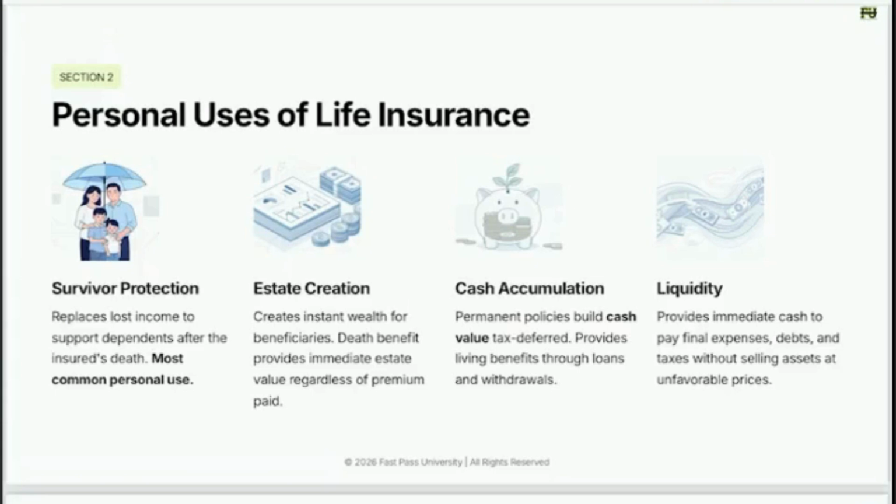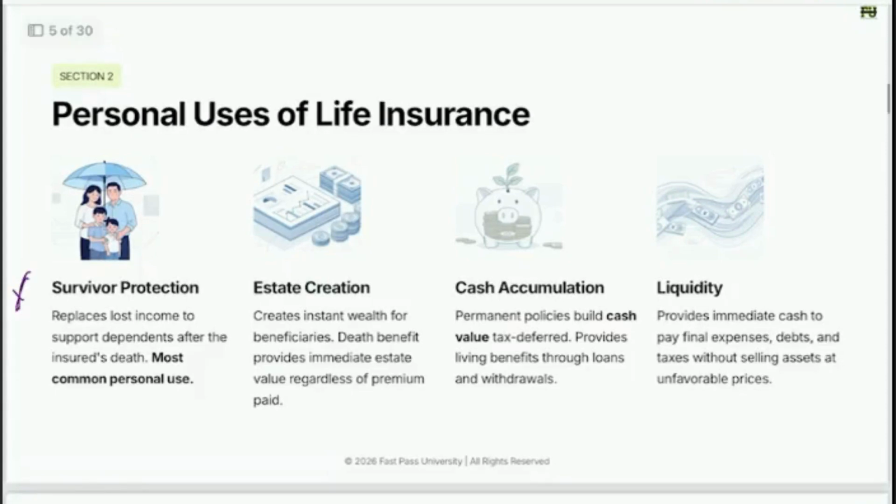It's actually probably the opposite, because businesses have the funds and things like that. But that's generally what you think of for life insurance, right? And so why do people buy life insurance? What is the use of it? Obviously, the main one, survivor protection. It replaces lost income to support dependents after the insured's death. Most common personal use, okay?